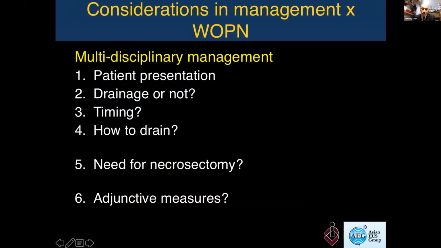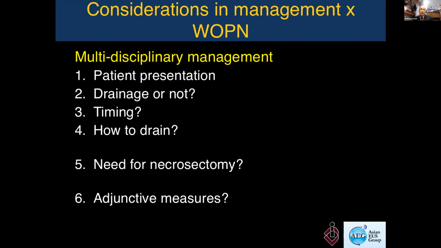So for pseudocysts, it's a little bit more simple, but for wall-off necrosis, it's more complicated because drainage is only the first step. And very often these patients may be quite septic and they are admitted to the intensive care unit. So your ICU colleagues may be pushing you to do something. But if it's too early, then an EUS drainage may not be possible.